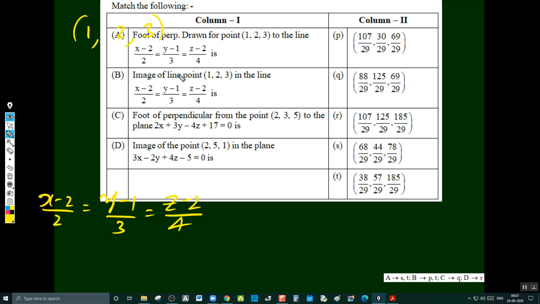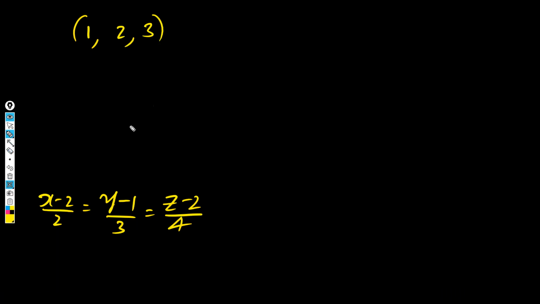Okay, both lines are the same, which means if you know this, you can write that directly. I'll let you know that. Just listen to me carefully, all of you. This is the line given, and we need the foot of the perpendicular and the image of this point in this line. Let me draw that. This is the point given, and this is the line given.